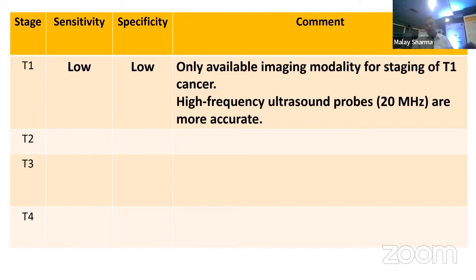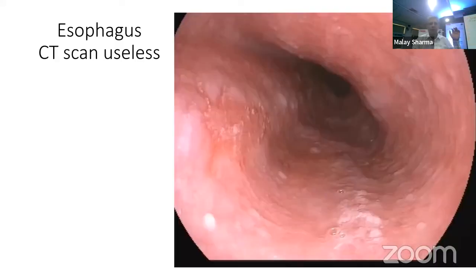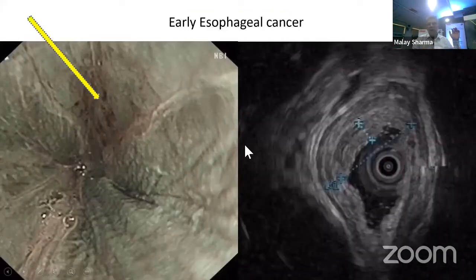The only thing is we need a thinner probe to lie in the middle of the esophagus and provide enough focal distance to provide good resolution of the esophageal wall. A CT scan would be useless in this case of early esophageal cancer. And this is again an early esophageal cancer where an endoscopic ultrasound was able to show the presence of tumor.